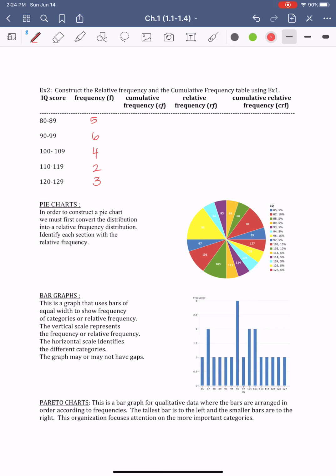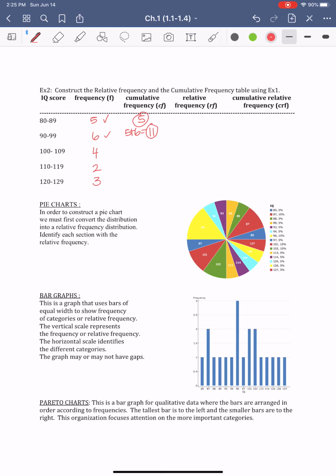Here, the first one, you have a 5. There's no previous frequency, so it's just 5. For the IQ score, the second class between 90 to 99, you have the 6, but you have the previous frequency as well. So you're going to add them up, 5 plus 6, which gives you 11.